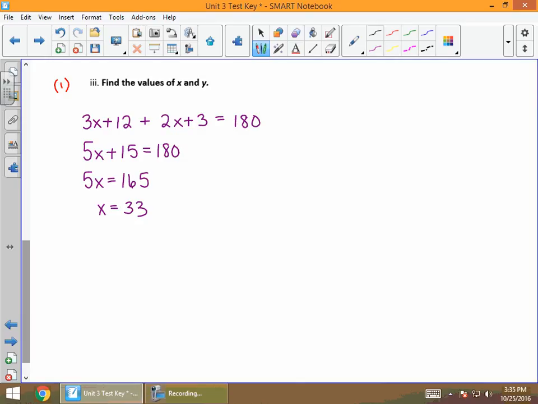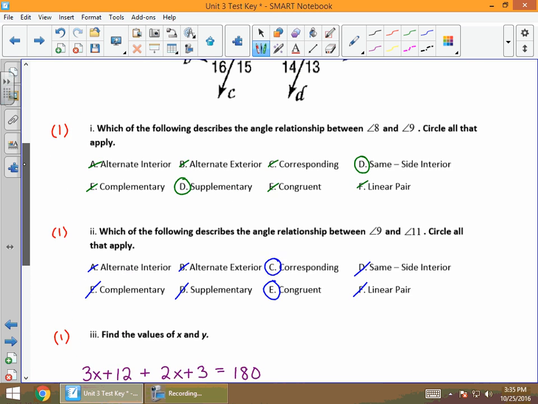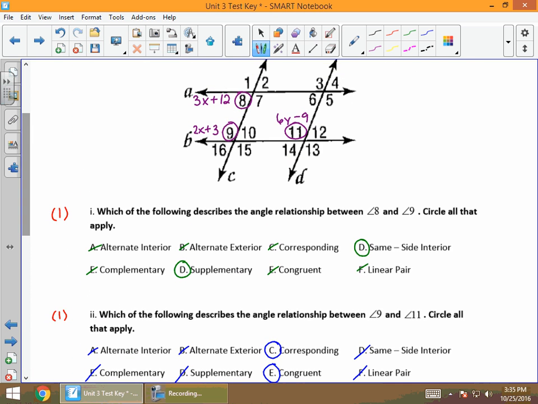Now it says you have to find x and y, so to get the whole point, you also have to find y. Let me jump back up here. x is 33, so I can plug that in for angle 9. 2 times 33 plus 3 is 66 plus 3, so angle 9 is actually 69 degrees.